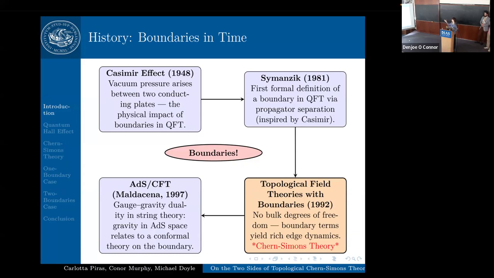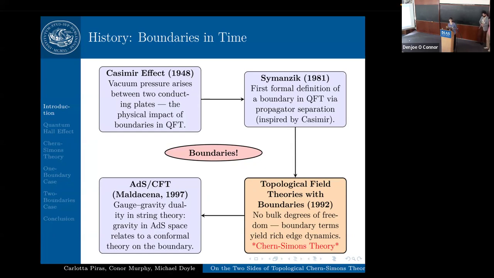But for our particular case, so topological field theories, the addition of a boundary is not just a theoretical or mathematical curiosity, because these boundary phenomena are deeply tied to the measurable transport properties observed in quantum Hall systems. And that's why we are very interested in having a general review, a general entry point of the quantum Hall effect to analyze Chern-Simons theory.